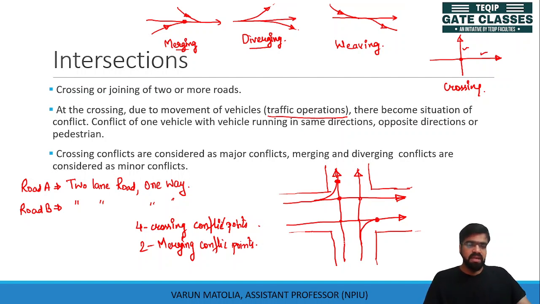Sir, if they merge or diverge from here, they have to cross, or they diverge from here and meet this traffic lane, they have to cross a significant number of traffic sections. So there may be more conflict points. Yes, but we assume that whenever a vehicle moving here wants to move here, it will first move between these two lanes, reach here, and then do this traffic operation of changing its direction.